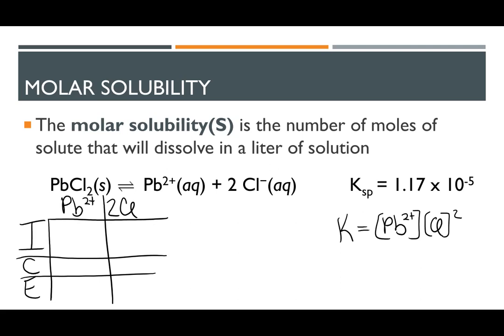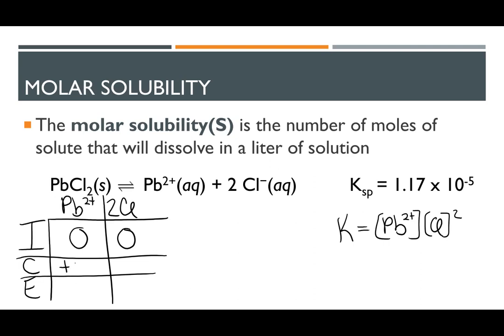Initial. Well, there's no mention of the initial concentration in this problem, right? That's not a mistake. So initially, we've got just our solid, right? We've got our solid piece of lead chloride. We're going to drop that piece of lead chloride into water. So initially, we're going to have 0 and 0 because all of it's the solid. What's the only direction that this can change?